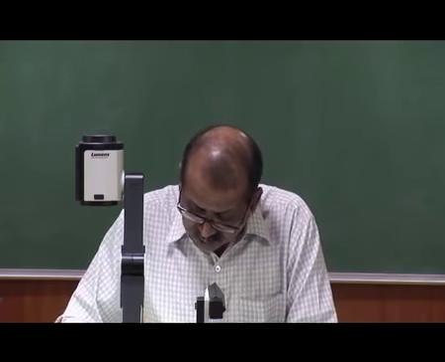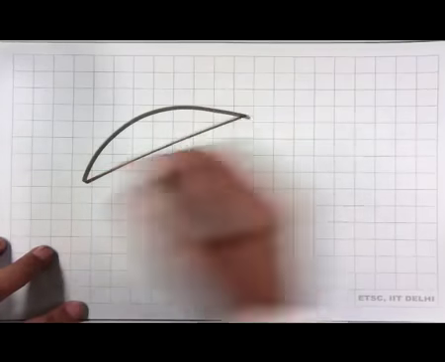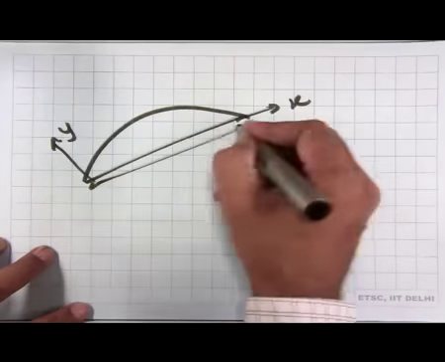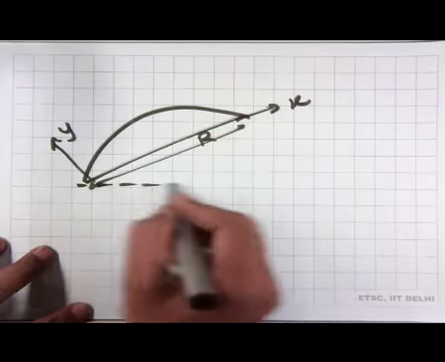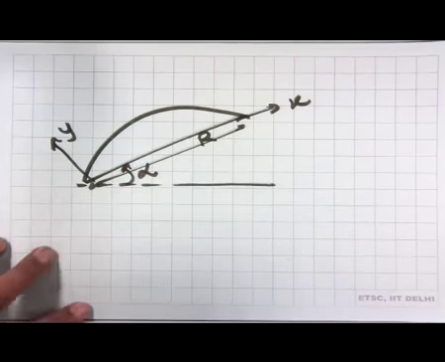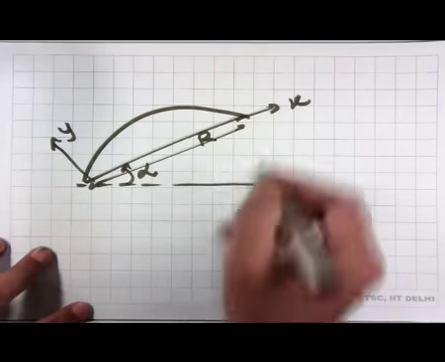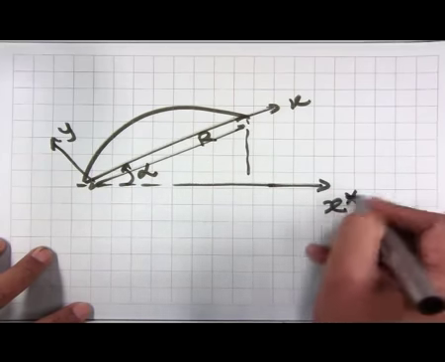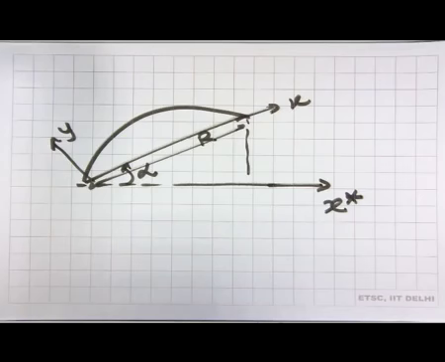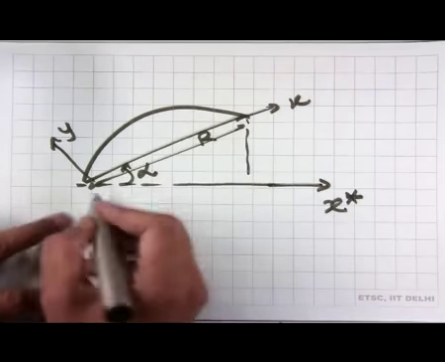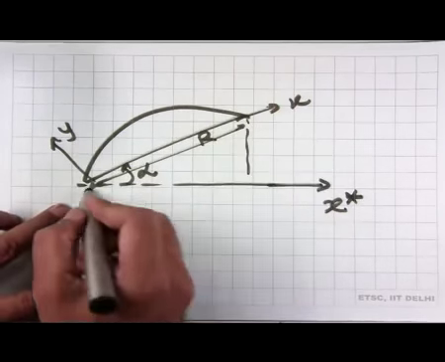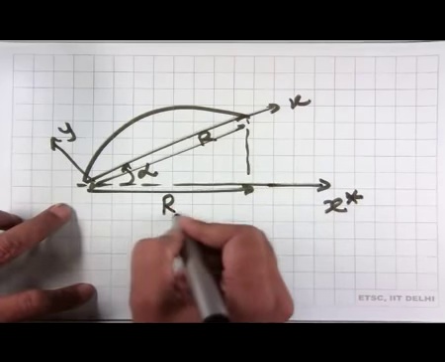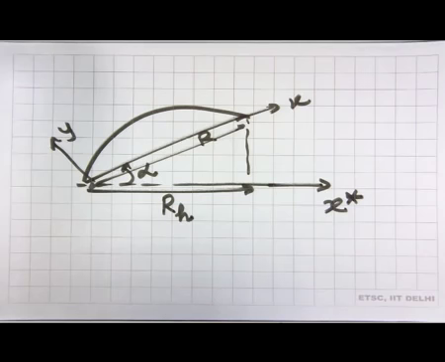So, let us draw this picture again. This was x, this was y, this is the range we are looking at, and this angle was alpha. Now, let me call the horizontal direction x star. When the projectile travels a distance r along the incline, let the horizontal distance travelled be r sub h.